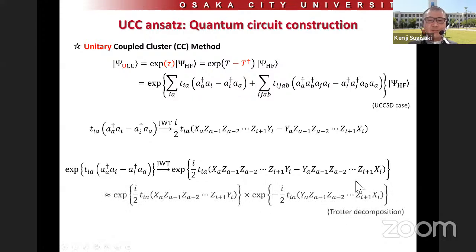But if we apply a Trotter decomposition, we can obtain these two exponential operators with only one Pauli string in each operator. So the next step is to construct the quantum circuits corresponding to these exponential operators.